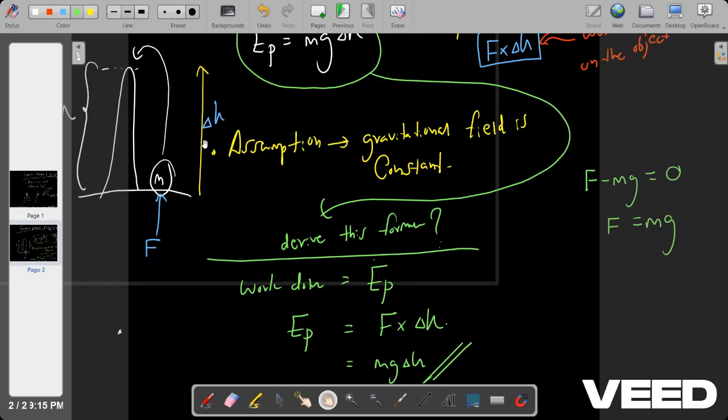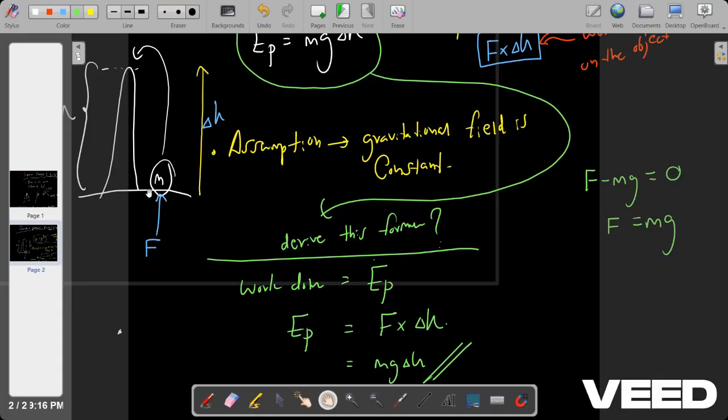But remember, if you are taking this object a few kilometers up, then that gravitational field change should be considered. So that is why later you are learning about a different formula for distances traveled beyond that level. For that we can't use this formula.